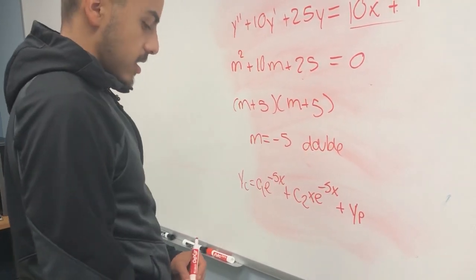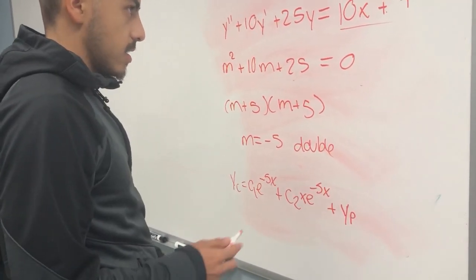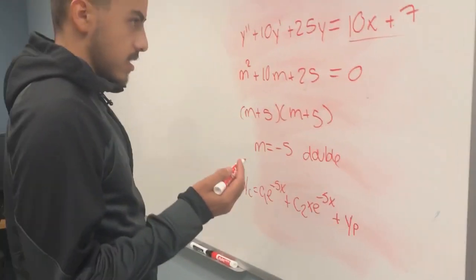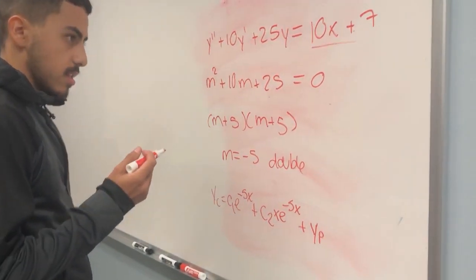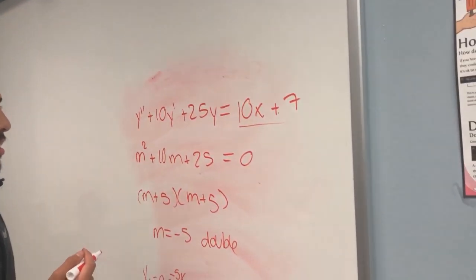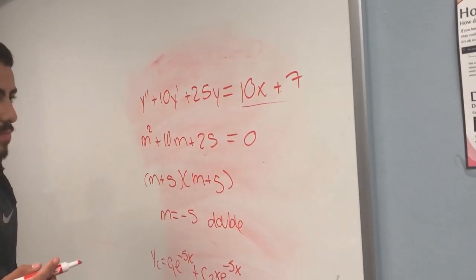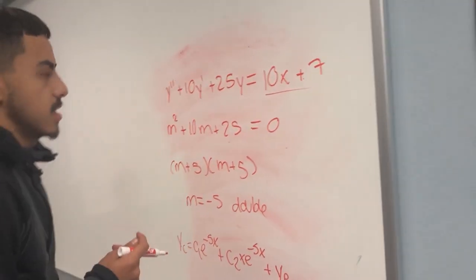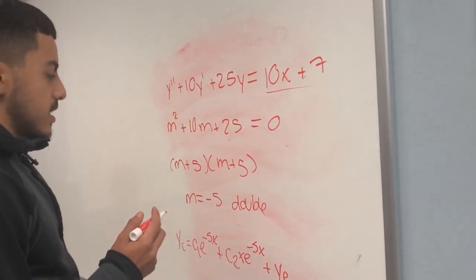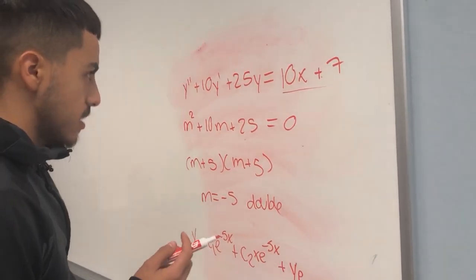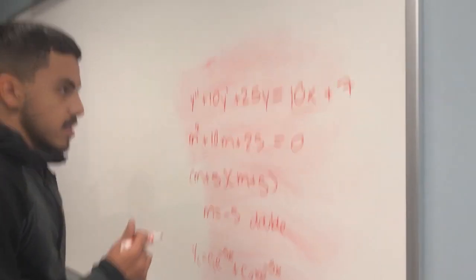Yeah. Like that. So your yp, in class you covered a bunch of variants of different solutions, and so you have 10x plus 7. Do you remember the a and b that goes with that? All the coefficients. Sometimes it's more than a and b, and it keeps going depending on what's attached there.